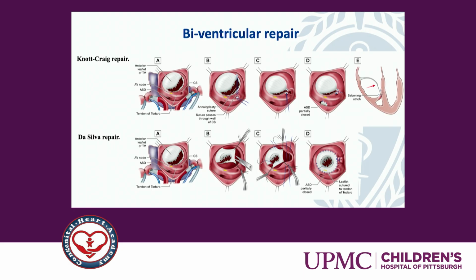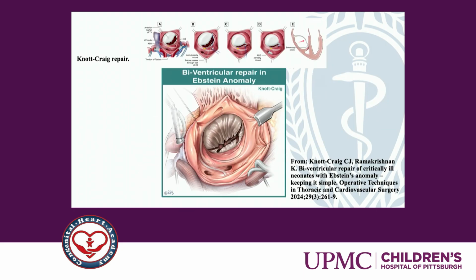The Cone repair is more anatomical, and it is preferred either for infants or older children. In Knott-Craig repair, suture is placed to decrease the annulus size quite significantly, and if the valve needs to be replaced, it can be replaced.